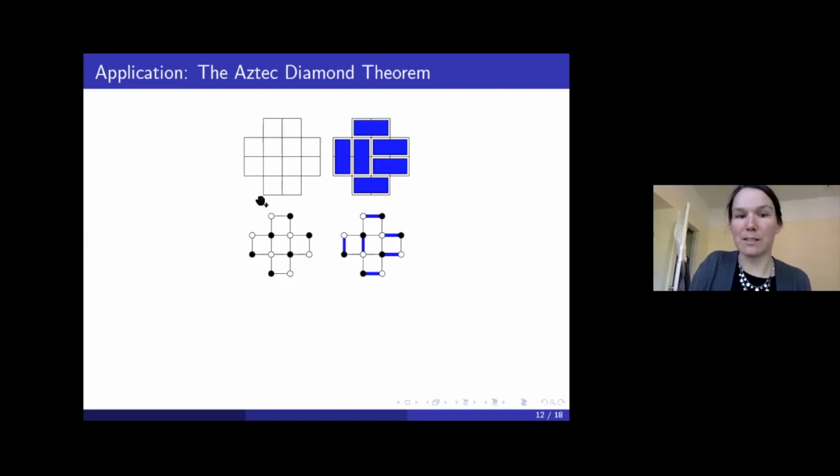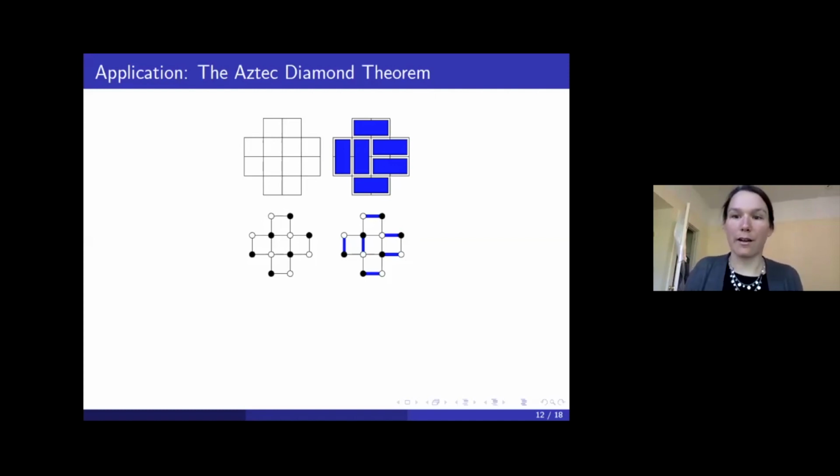So if you have a region of squares, you obtain the dual graph by putting a vertex in each face. And then there are edges between vertices whose corresponding faces share an edge. And then each domino tiling has a corresponding perfect matching, like shown in this example.